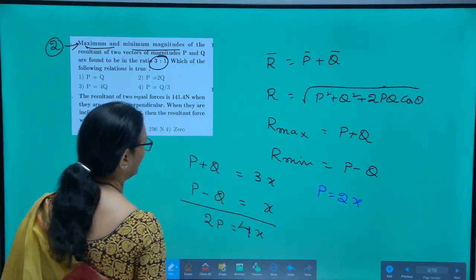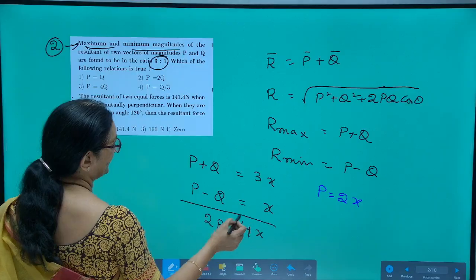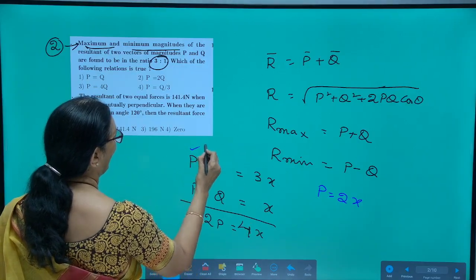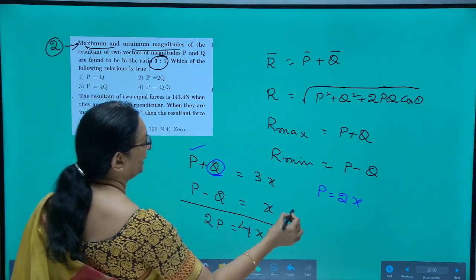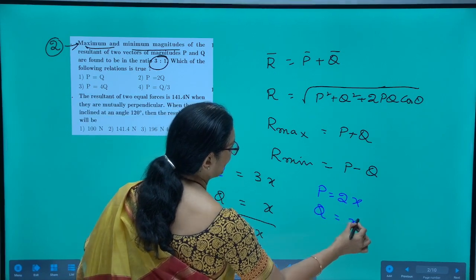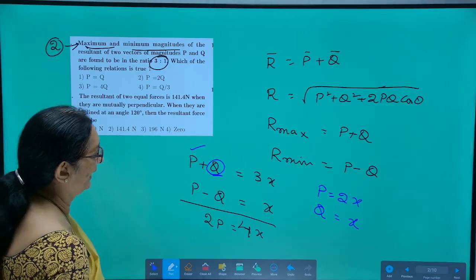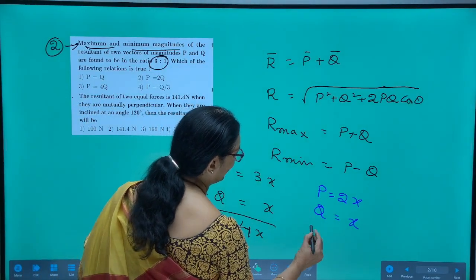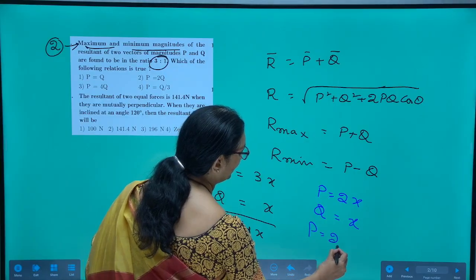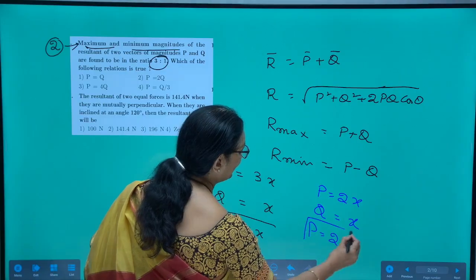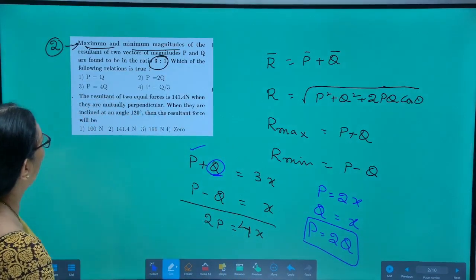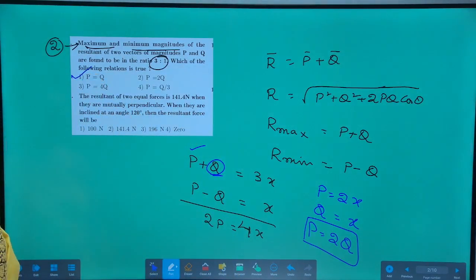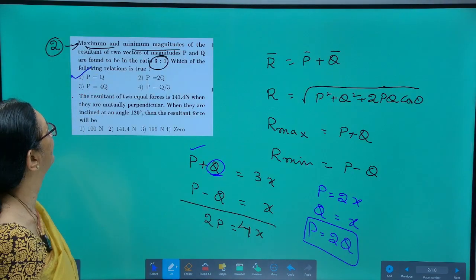If you substitute that value of P as 2x here, Q will be equal to x. So from this, it is very clear P is equal to 2Q. That is the relation between P and Q, so the first option is correct for that problem.